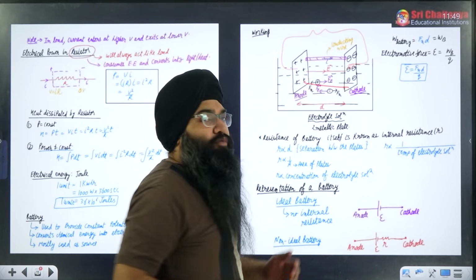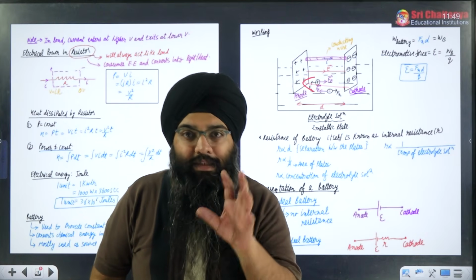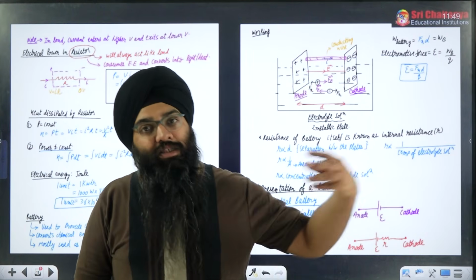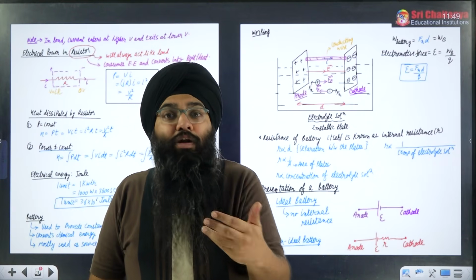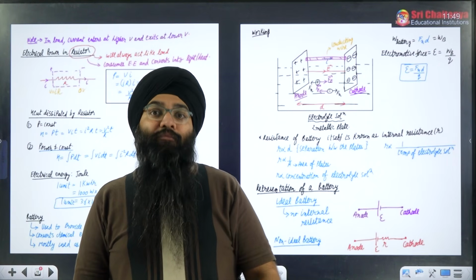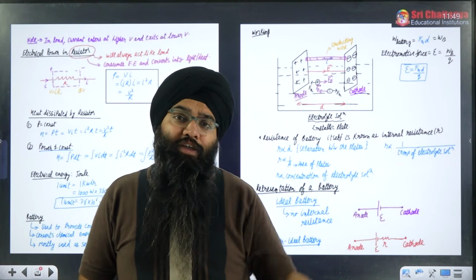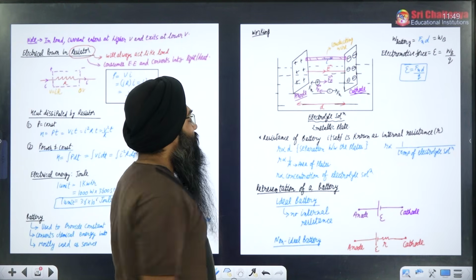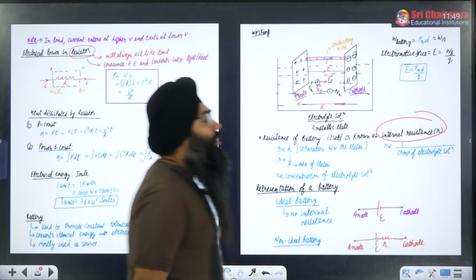While the charges flow through the electrolytic solution, the electrolytic solution of the battery offers some resistance, and that resistance is called the internal resistance of the battery or internal resistance of the cell.